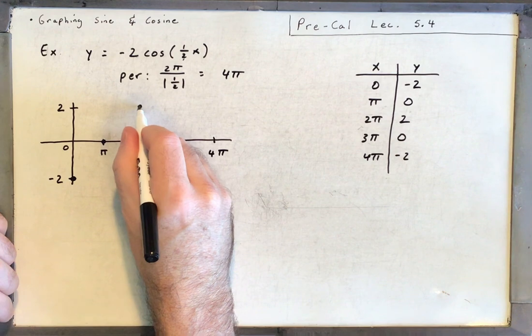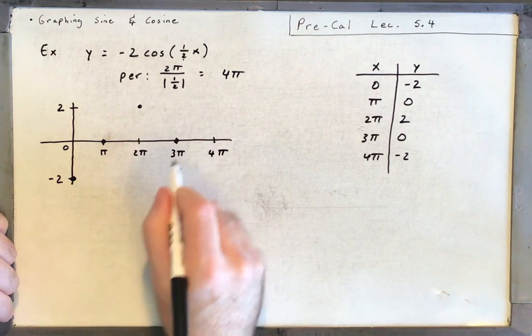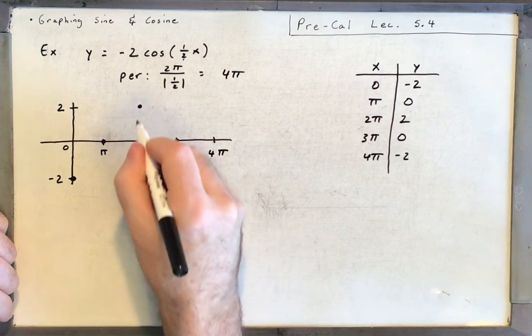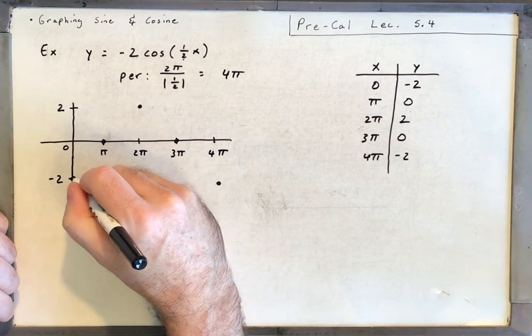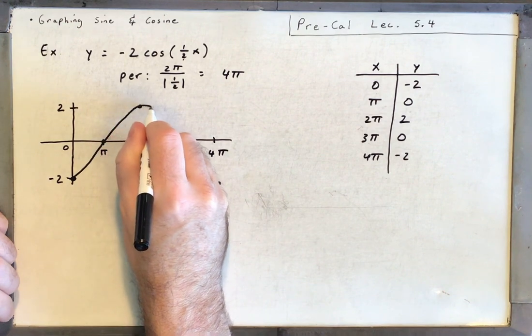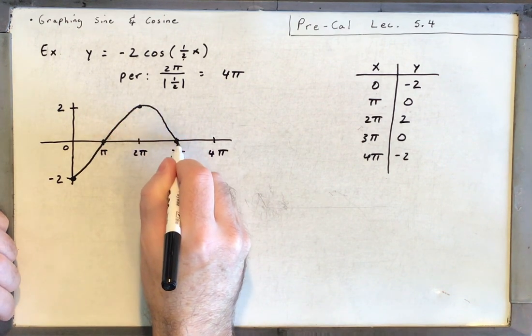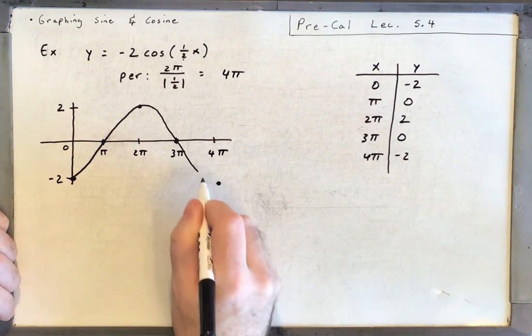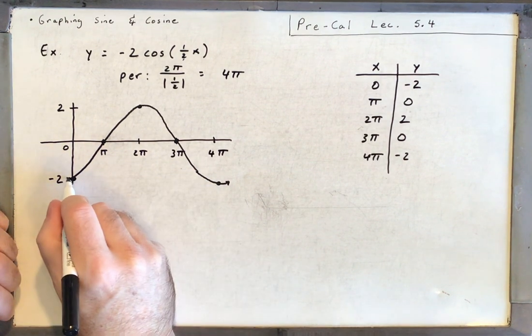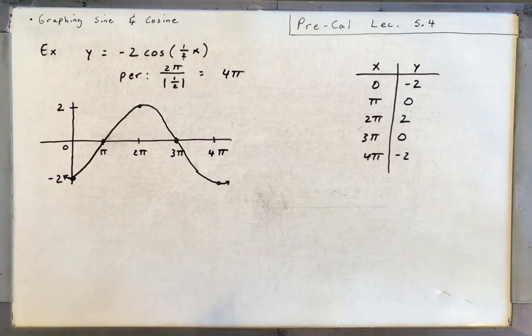At 2 pi we have a 2. That's our max. At 3 pi we have a 0. And at 4 pi we have a -2. So this is a bit of a mountain. It goes on forever there.